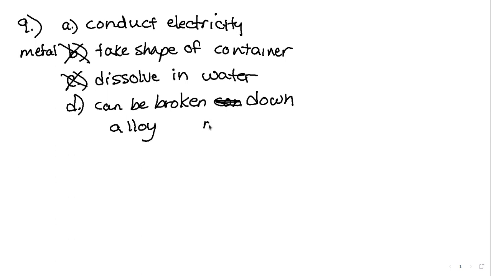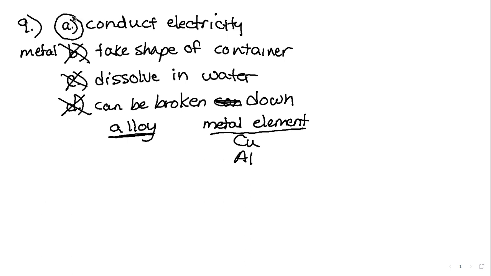But there are many metals that are just elements. There's only one type of atom in them. Copper, aluminum are two examples of this, and they cannot be broken down into anything further. An alloy can be separated out if you know how to do it, but a metal element cannot be broken down. So this cannot be true. So they all conduct electricity.